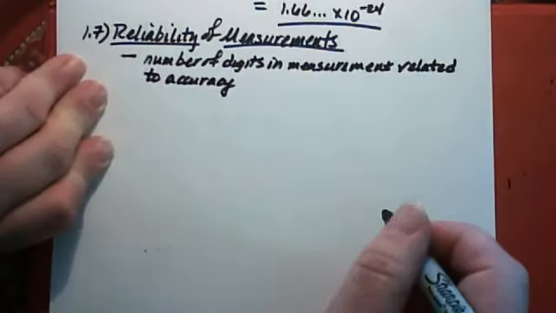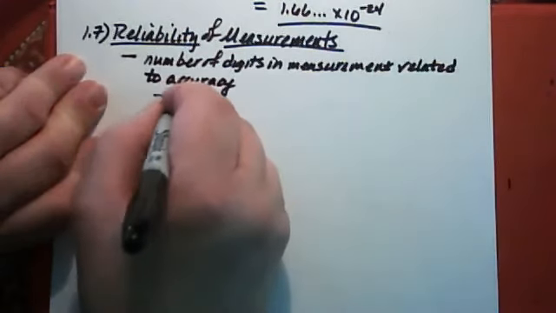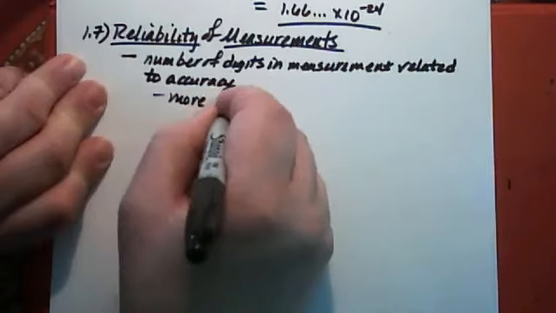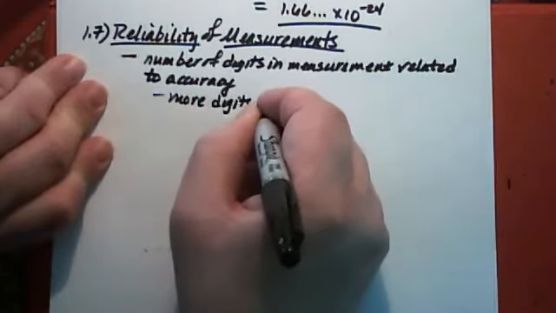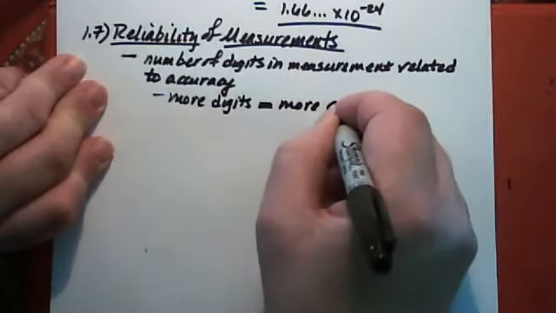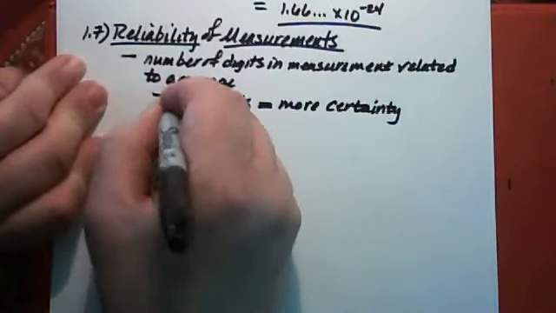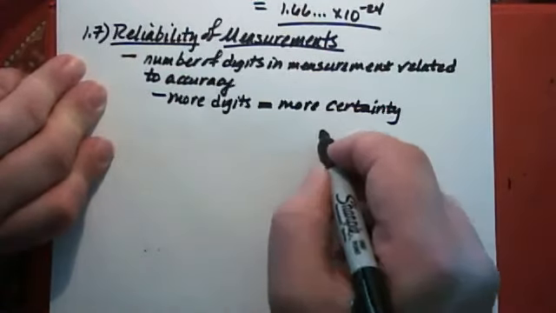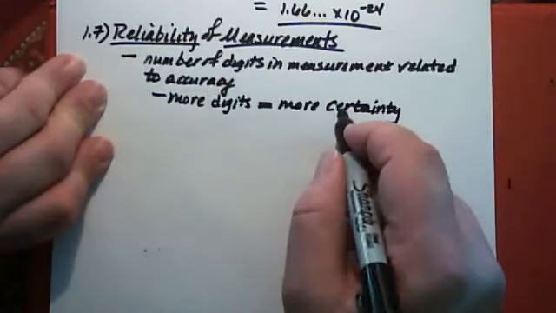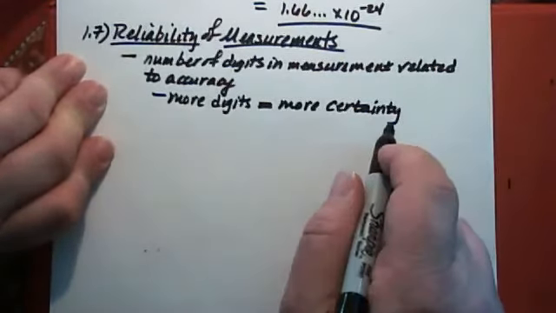So the number of digits in a measurement is related to the accuracy with which it's known. And generally, for the most part, assuming that you're being careful about things, more digits in an answer means more certainty in the answer, and fewer digits would mean less certainty in the answer.